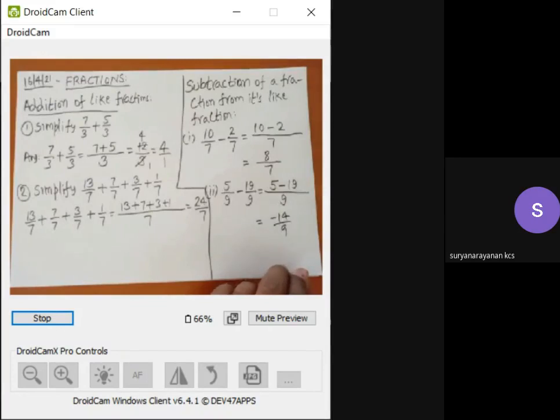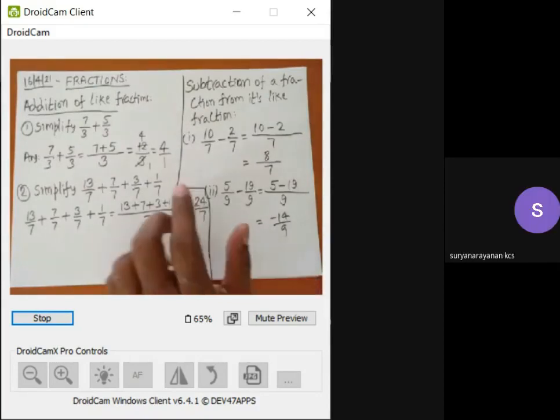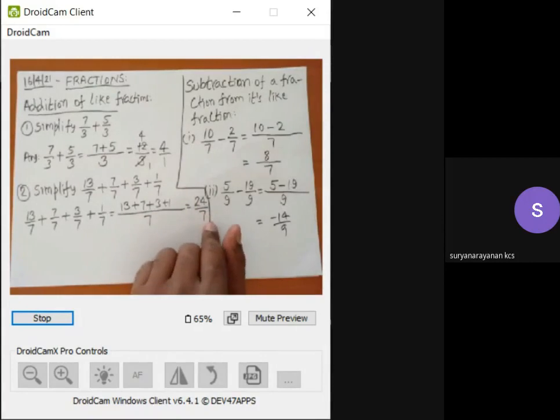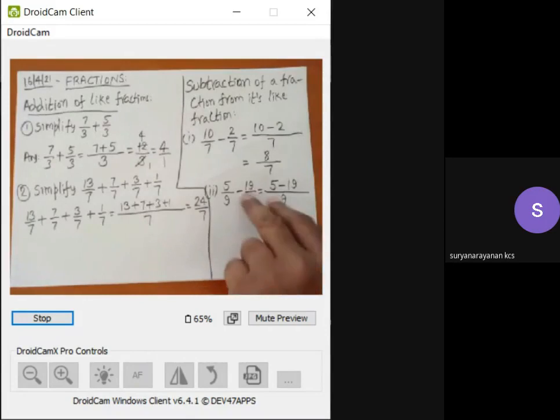Are you finding the classwork notes in the Google Classroom? Yes, sir. Today also, I will post this page in the form of PDF in the Google Classroom. Okay, right.